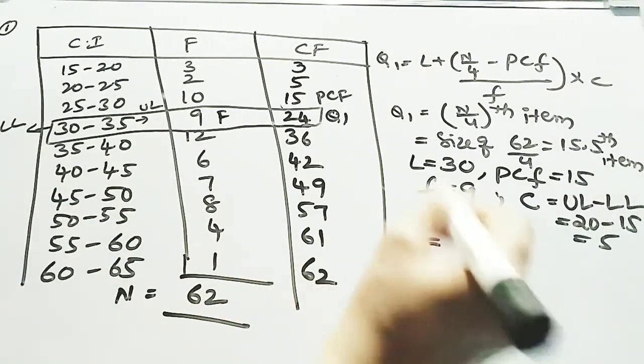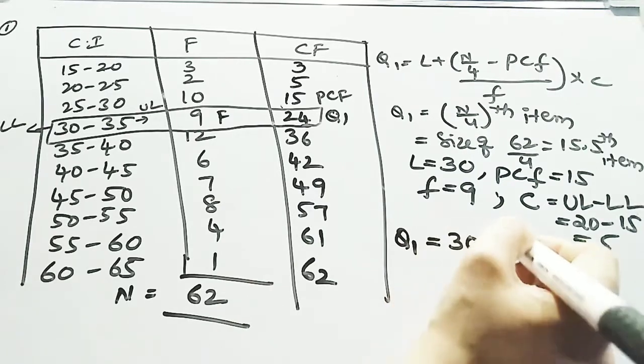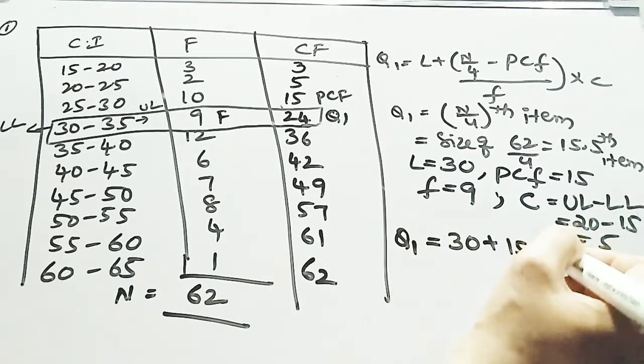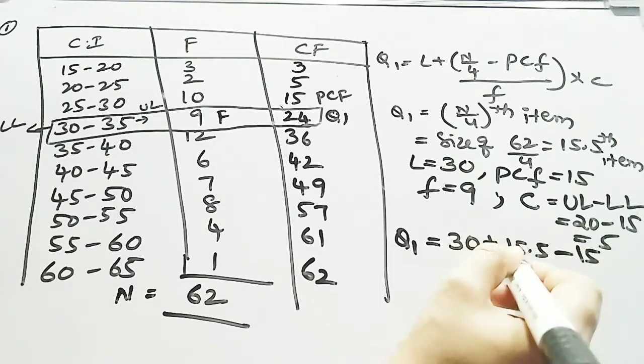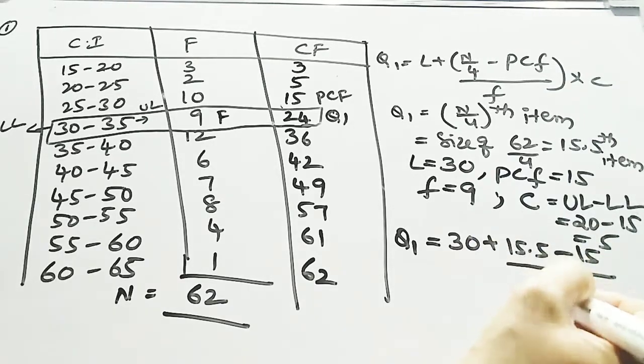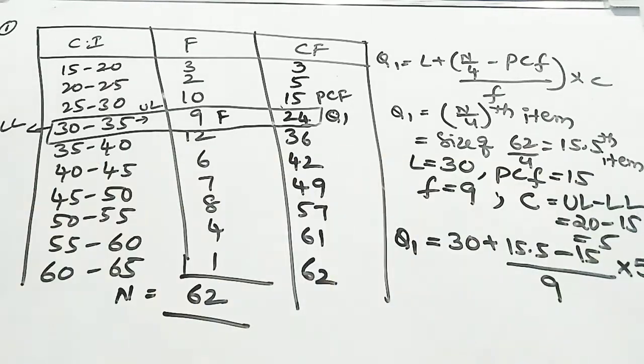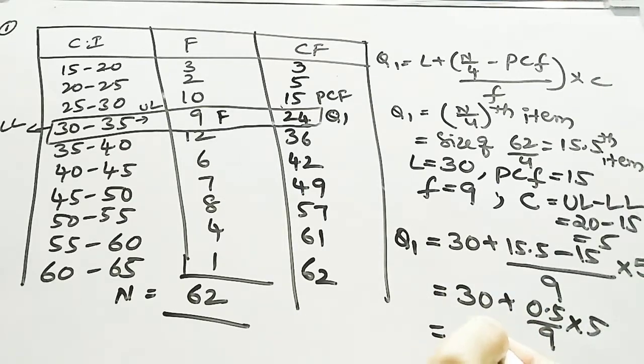So Q1 equals L, which is 30, plus n by 4, which is 15.5, minus the preceding cumulative frequency 15, divided by frequency 9, into class interval 5. You get 30 plus 0.5 by 9 into 5. Just calculate with your calculator. You will get 30.5 as your Q1. So we write Q1 is equal to 30.5.